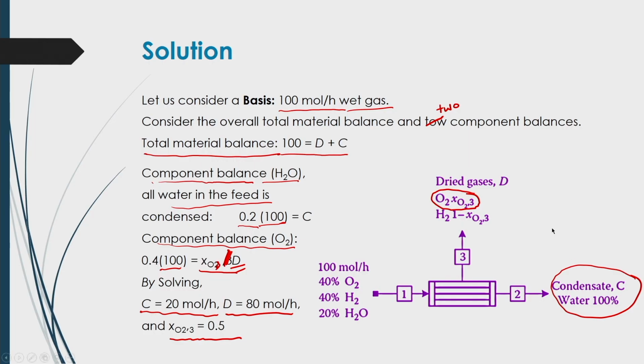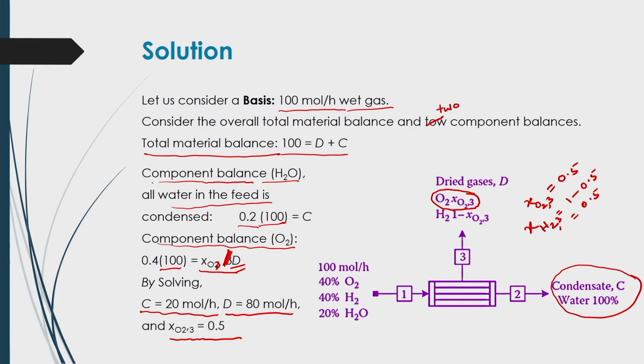So, X O2 at stream 3 is equal to 0.5. Similarly, the hydrogen mole fraction at stream 3 will be 1 minus 0.5, that is equal to 0.5. So, this is the mole fraction of hydrogen in stream 3.